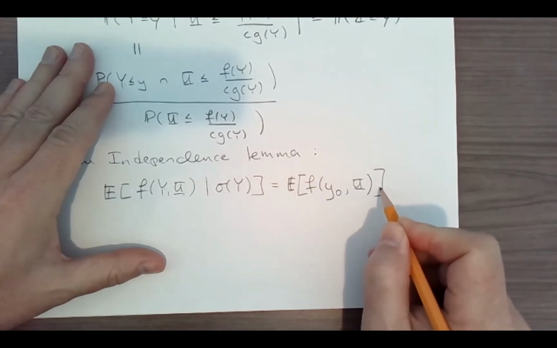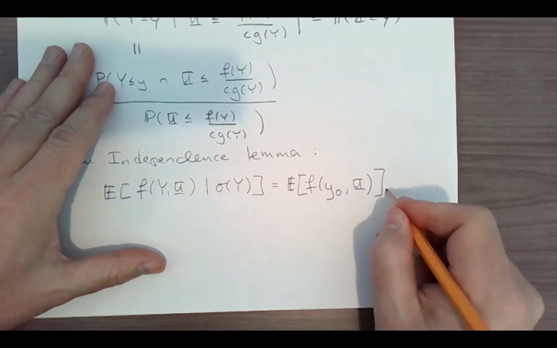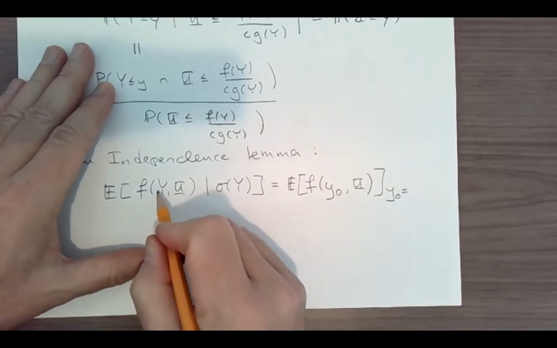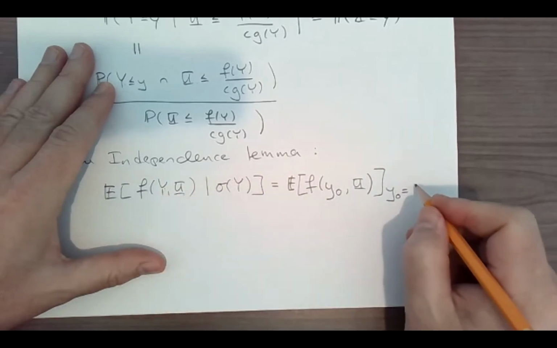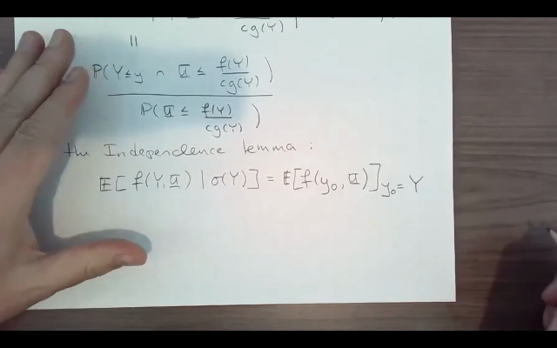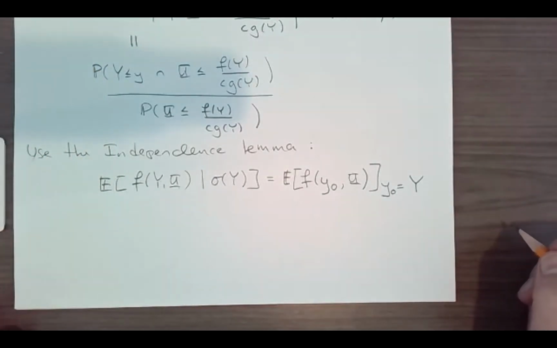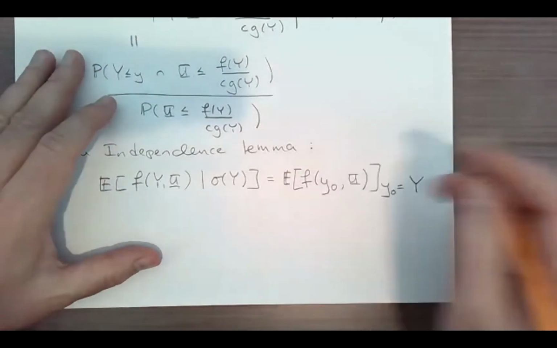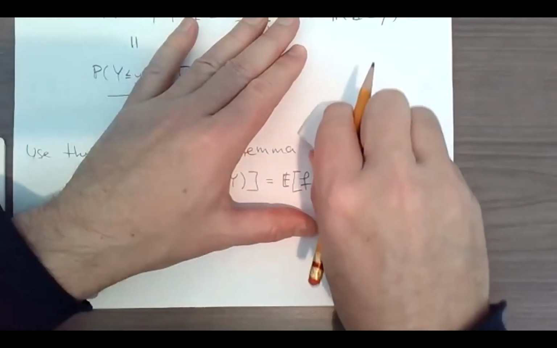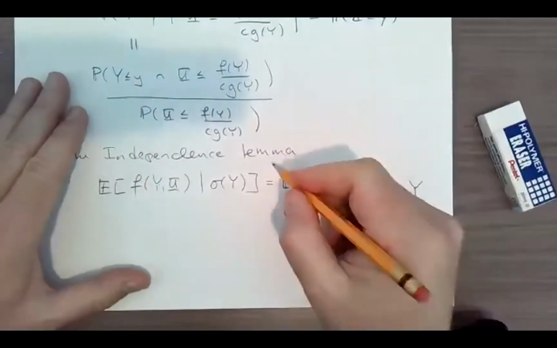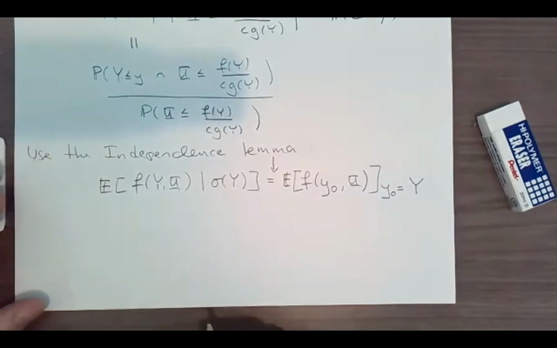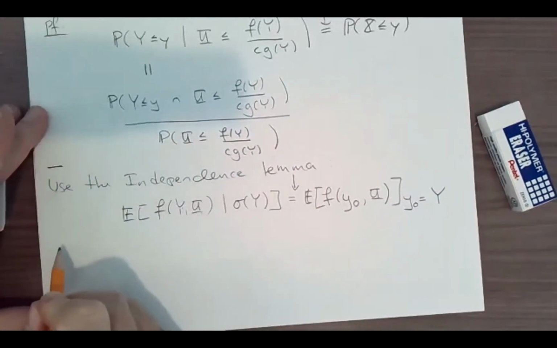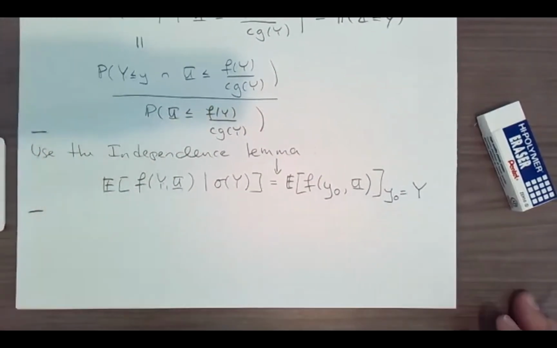No conditioning. When I'm done computing that expectation, I replace the dummy by the random variable I'm conditioning on. So this is the independence lemma. Okay, so we're just going to make a little note like that.